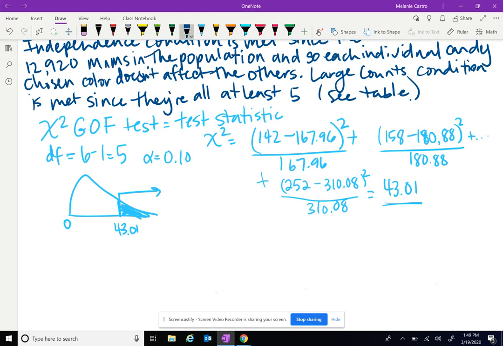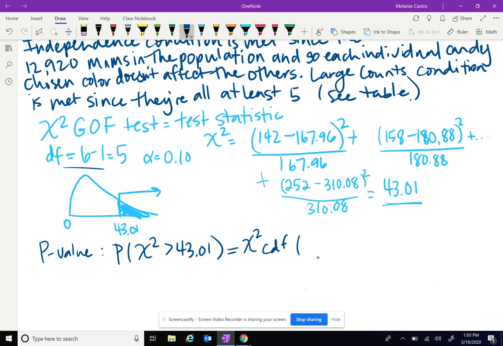Well, then we want to calculate that p-value, and our p-value would be the probability of a chi-squared value greater than 43 on this degrees of freedom curve. And you can do chi-squared CDF in your calculator. You would need the lower bound to be your test statistic.